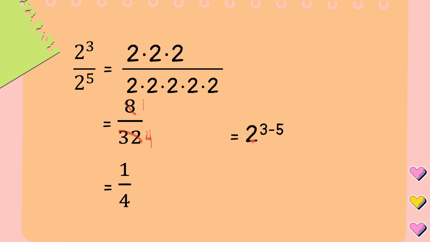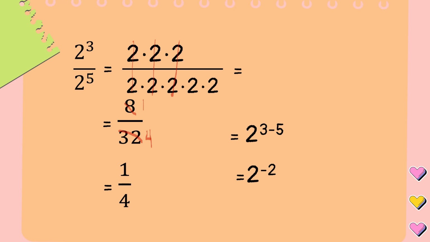By the quotient law of exponent, 2 raised to 3 divided by 2 raised to 5 is simply 2 raised to 3 minus 5. And when we subtract 3 and 5, we get negative 2. So it is 2 raised to negative 2. And by cancellation, we cancel 2 and 2 here, 2 and 2, and 2 and 2.